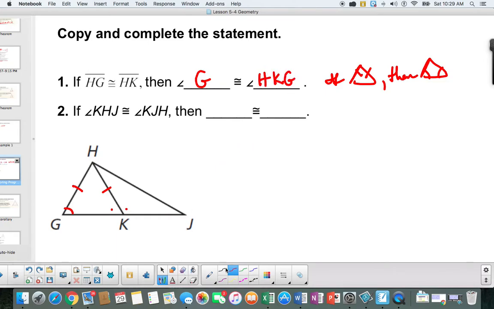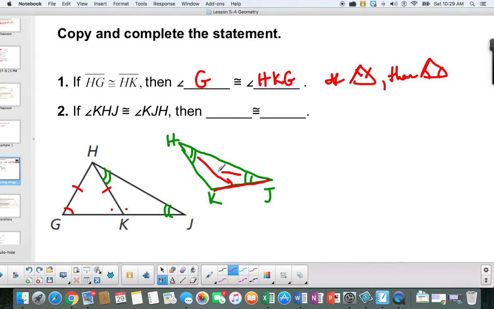All right, now I'm going to change color. We have KHJ, which is this angle, is congruent to KJH, which is this angle. So let me go ahead and draw it separately here. So what we have is this angle congruent to this angle. This is H, K, J. And so we know that this side is opposite that angle.